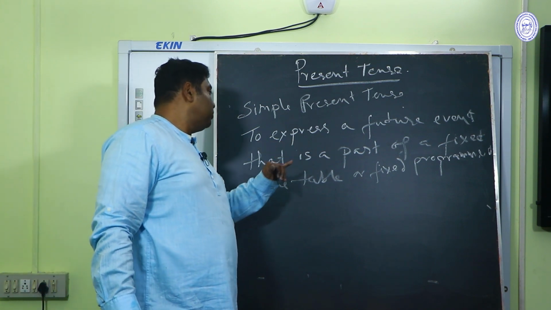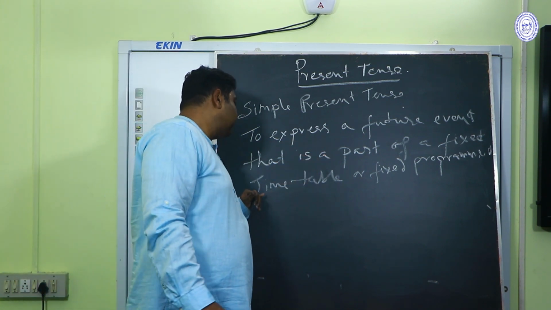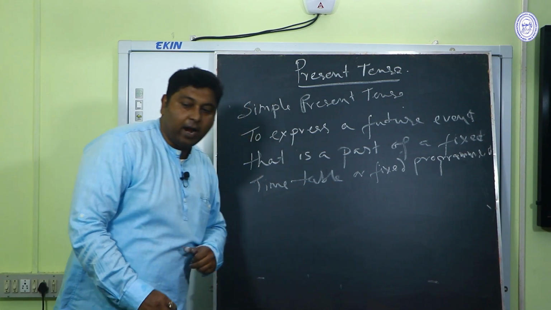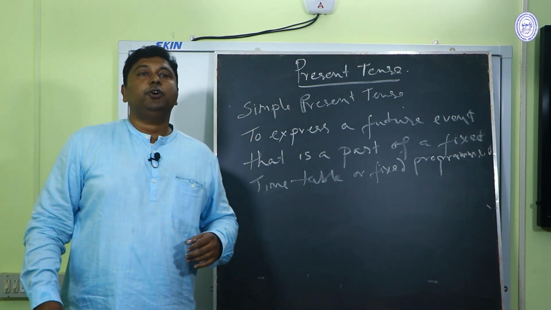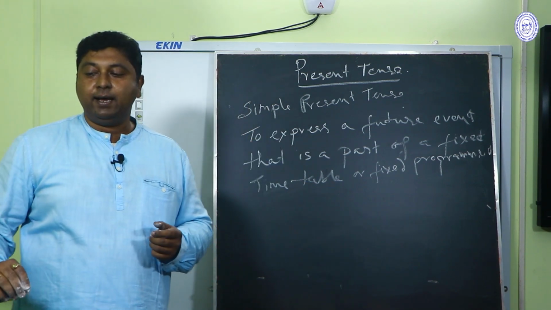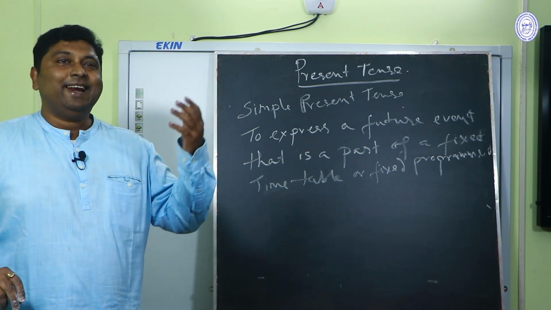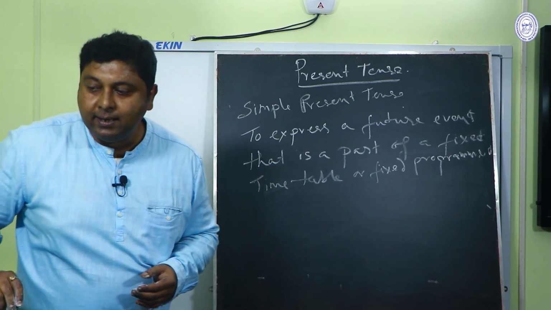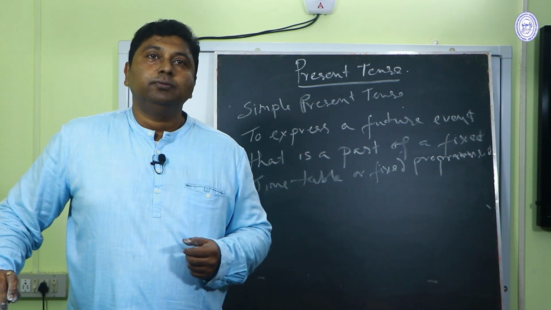To express a future event that is a part of a fixed timetable or fixed program, herein we may surely cite examples like: the next flight is at 7 tomorrow.